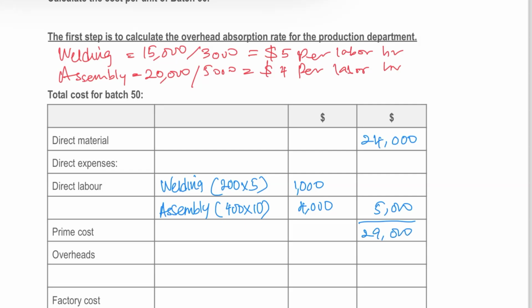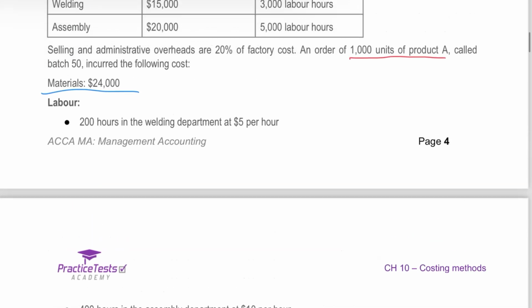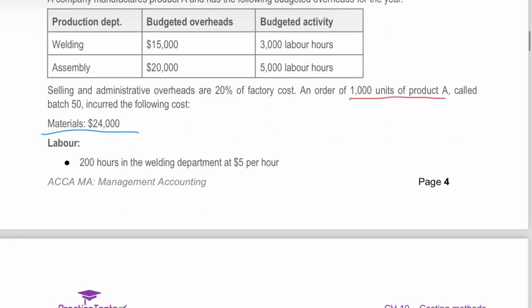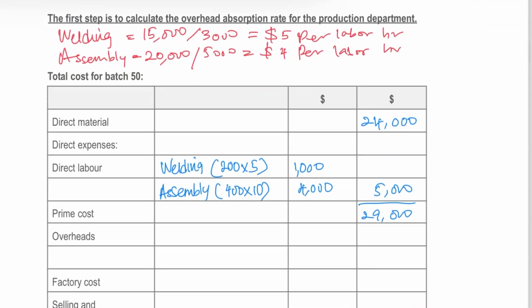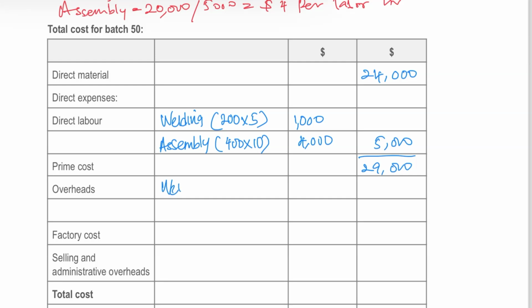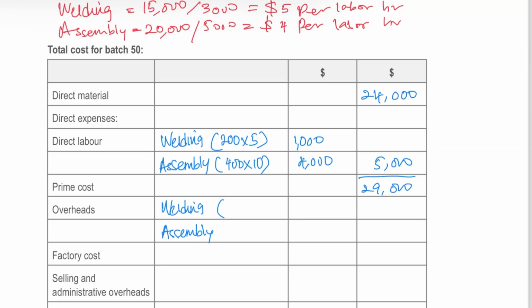Then we have our overheads. So for overheads, we have our welding and assembly related overheads. So this is why we calculated the overhead absorption rate. So it will be 5 into 200 hours used, and 4 into 400 hours used.